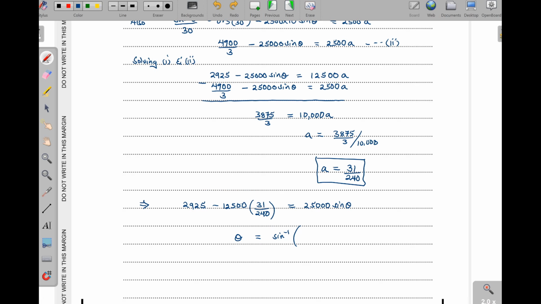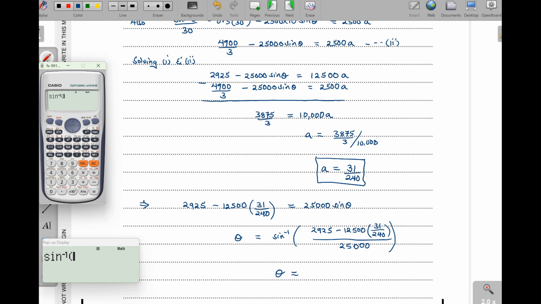So we have 2925 minus 12500 multiplied by 31 over 240. Then the whole of this we divide by 25,000. So what do we get here as the value of theta to 1 decimal place?